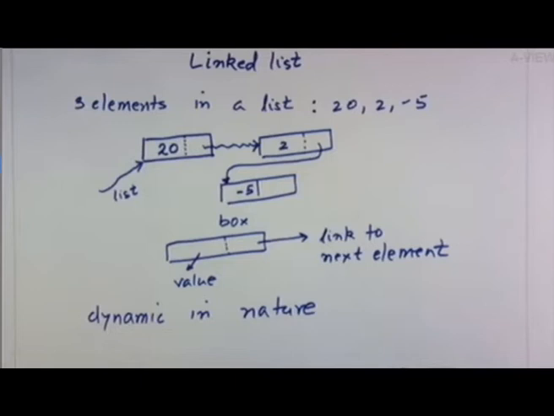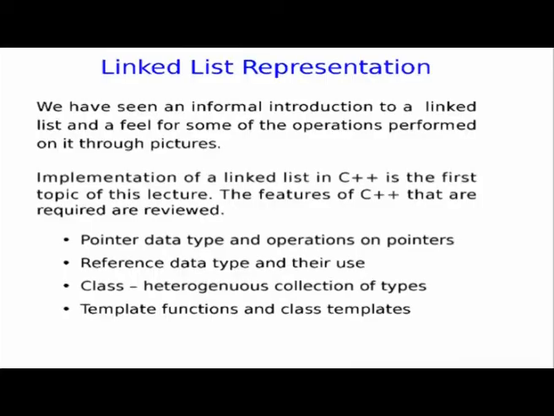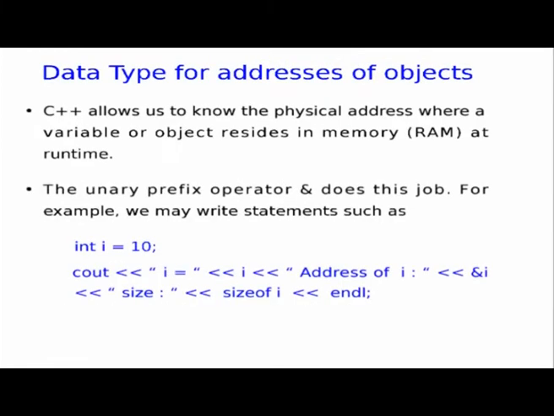If you do not know, do not worry, it's my job to explain that to you. And then, the first 3-4 bullets that you see, pointer data type and operations, reference data type and use, class and template functions, these are the bread and butter features of C++ which will help us create and manipulate our links.